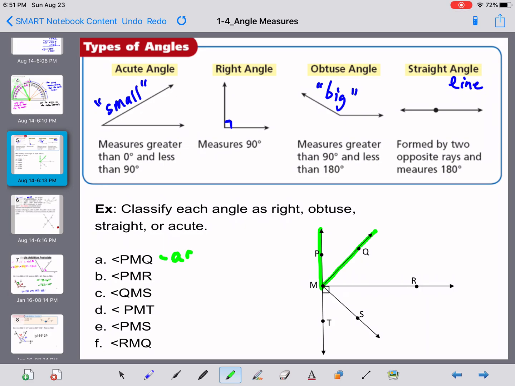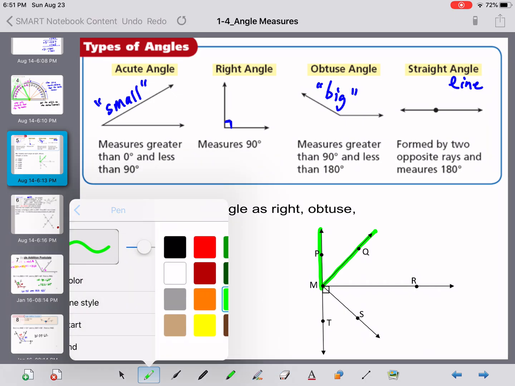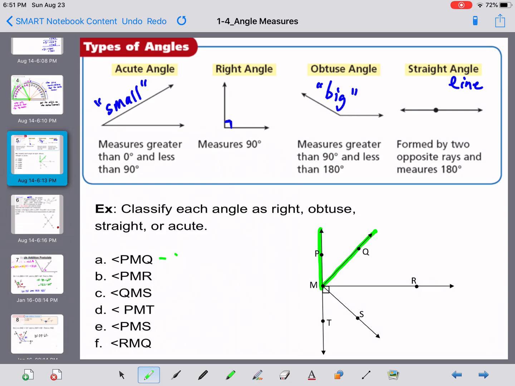Yeah, I think that's acute. All right. Let's go with PMR. What does PMR look like? Yeah, I think it's a right.